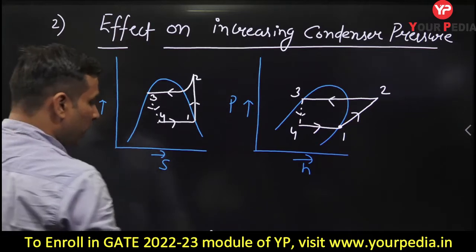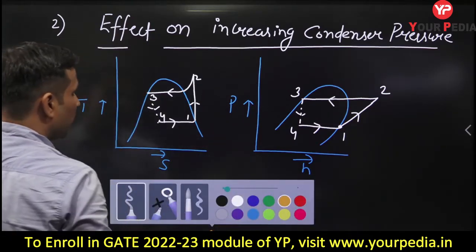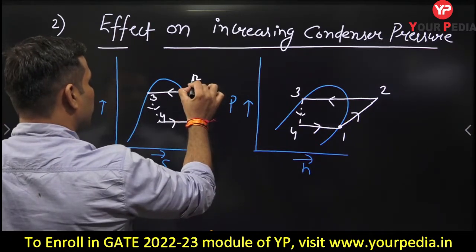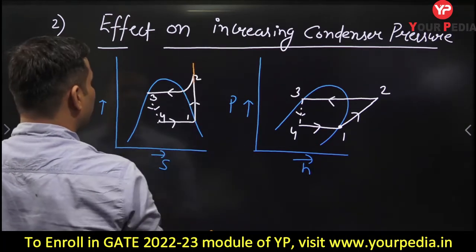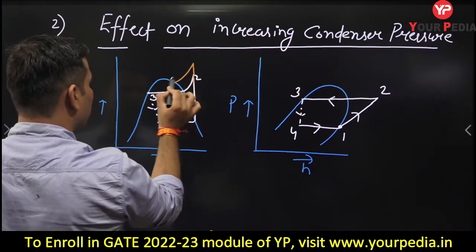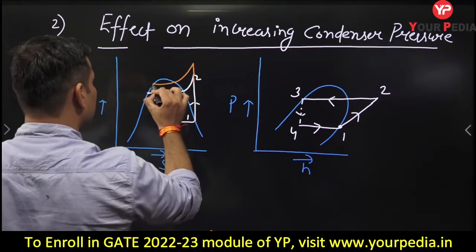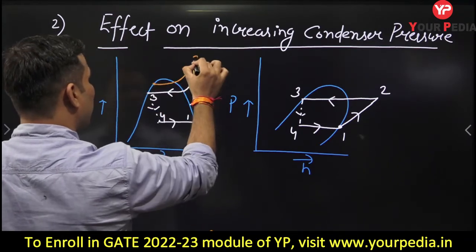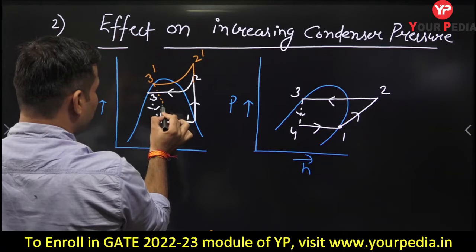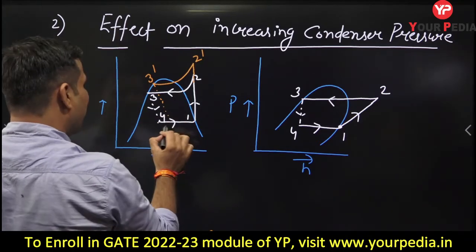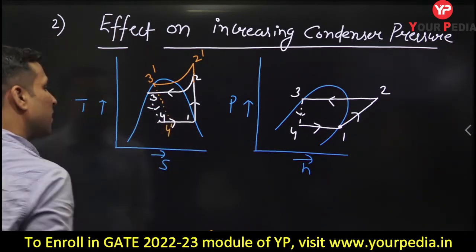Okay. If you will increase the condenser pressure, so the curve will go something like this. So this is the suppose the high pressure, okay, and this will be the discharge. Okay, so this is 3, this is 2 dash, this is 3 dash, okay, and now the expansion will be something like this, keeping the same evaporator pressure. So this is 4 dash, yes or no guys?